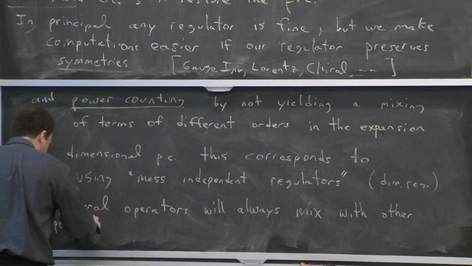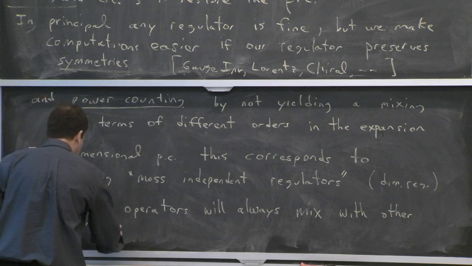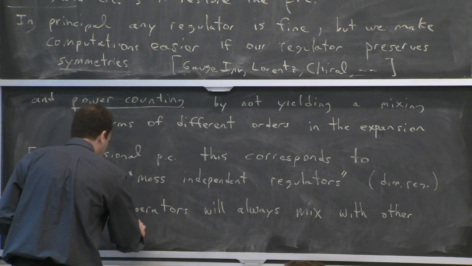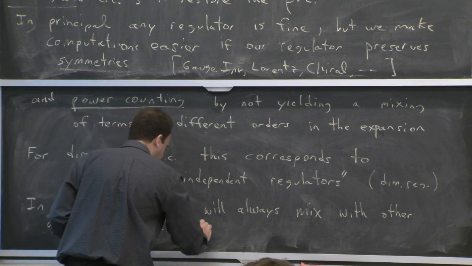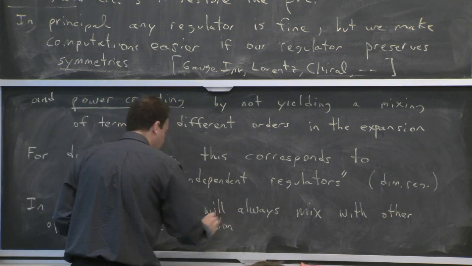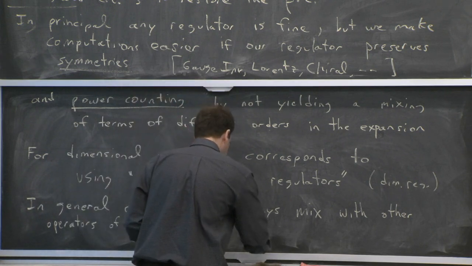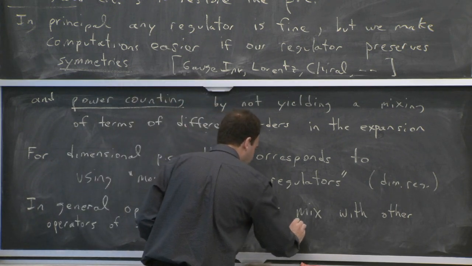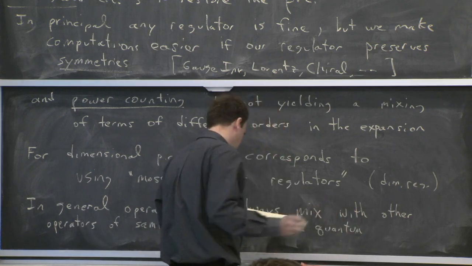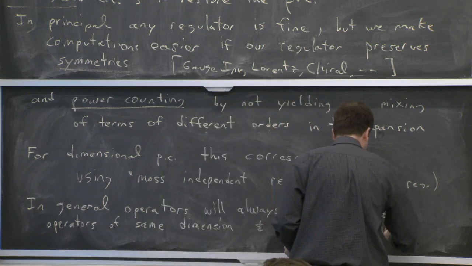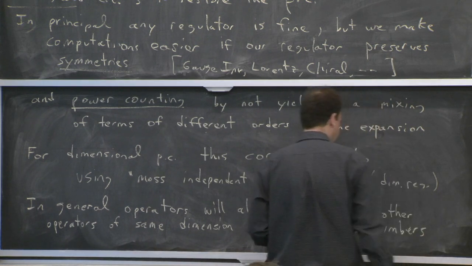Or you could have an operator that you did a matching at tree level and you didn't generate, but then you start renormalizing that tree level operator, and another operator pops out at you. So it's important that you include all the operators that have the same dimension and the same quantum numbers, because if you don't include them, you're bound to get them from loops anyway, and you want to be complete.